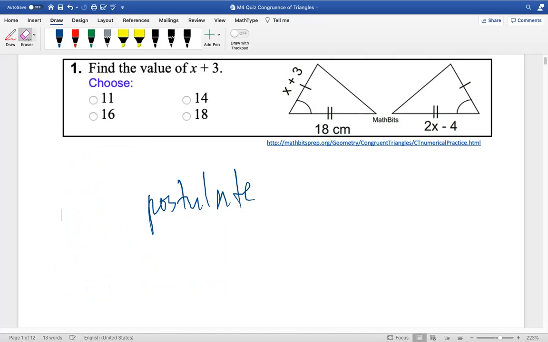So let's solve number one here. Find the value of x plus 3 given these two triangles. The triangles were labeled, and they are congruent, so they have corresponding parts.